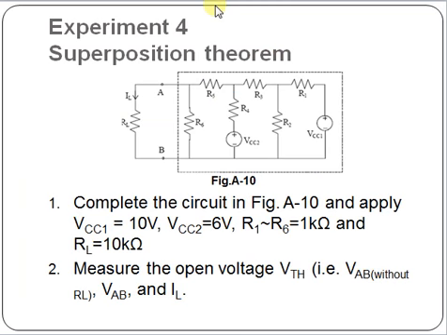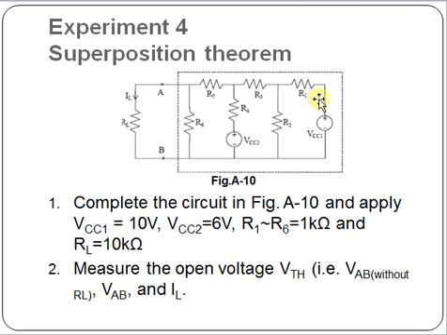Experiment 4. We will now verify the superposition theorem. We will measure 3 cases. One with this voltage source on and the other voltage source off. Then we'll measure this voltage source on and the other voltage source off.